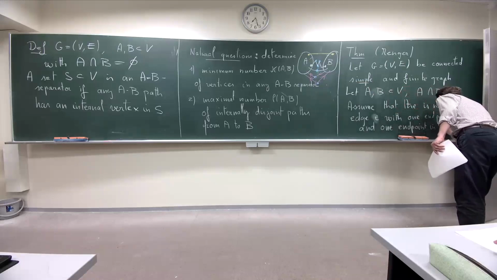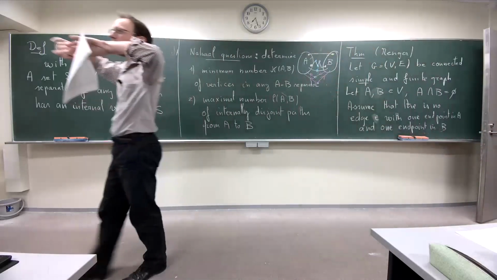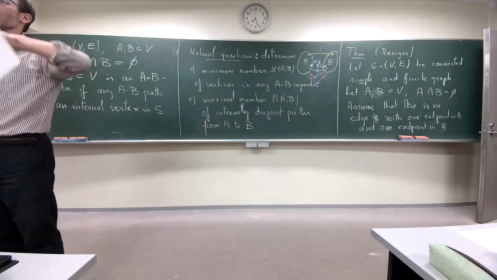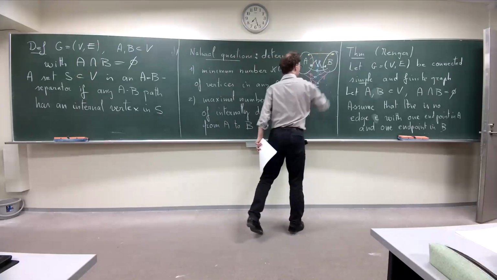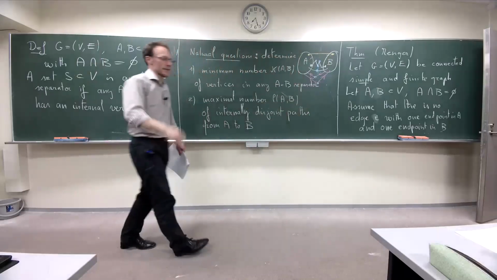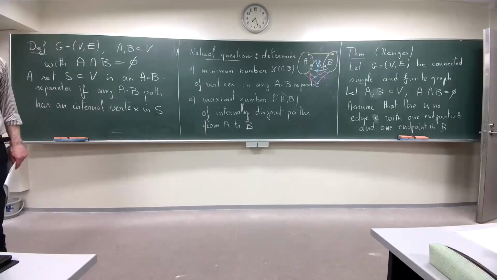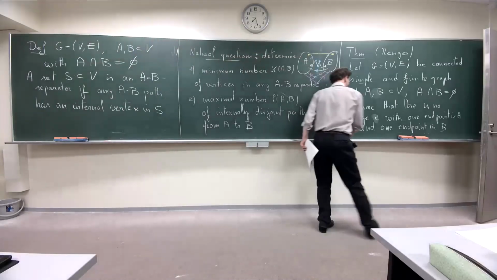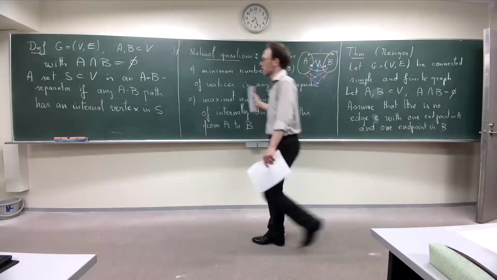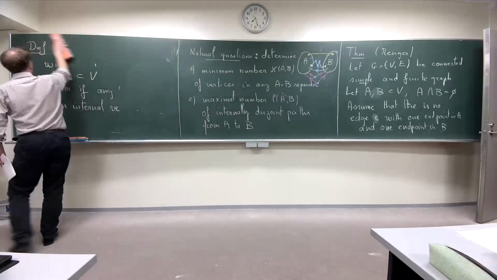So in a sense, these two sets should not be too close. There is always a certain distance between them. I don't have such an edge. This sentence is how I remove the yellow one: there is no edge with one endpoint in A and the other in B. And then they are equal.